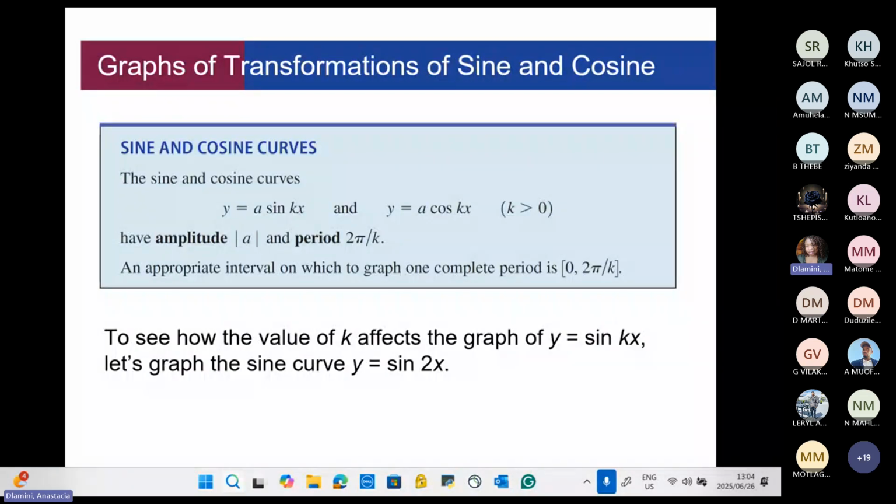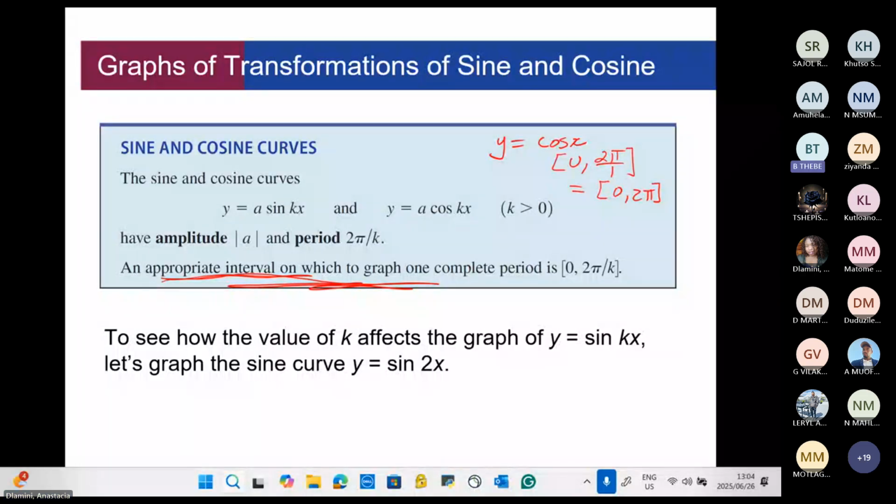Initially, when we have y equals cos of x, k equals 1. So the appropriate interval for one complete period will be between 0 and 2 pi over 1, which is 0 and 2 pi. Do you see that?